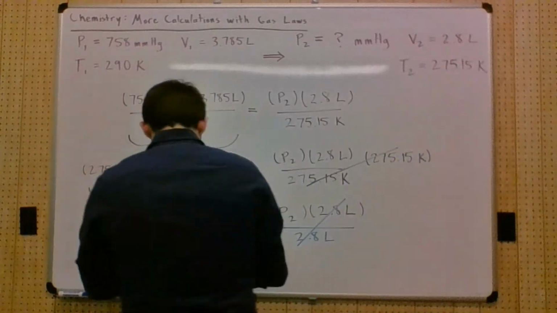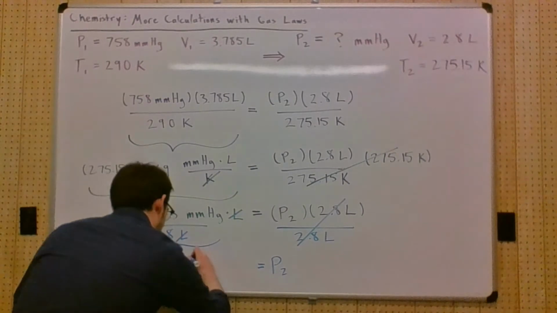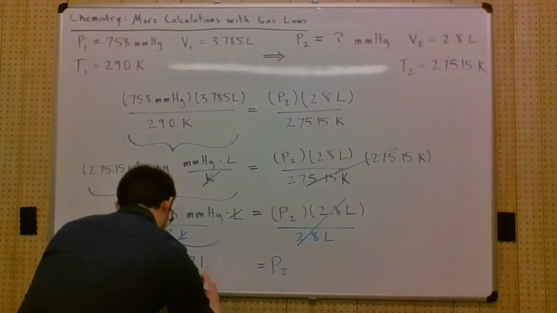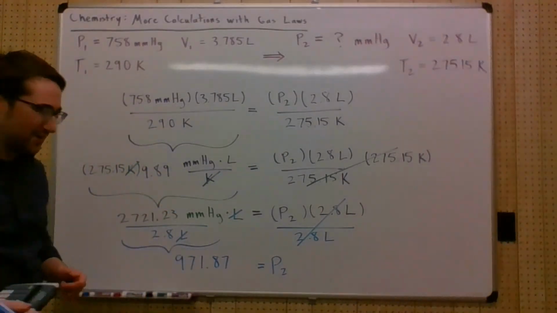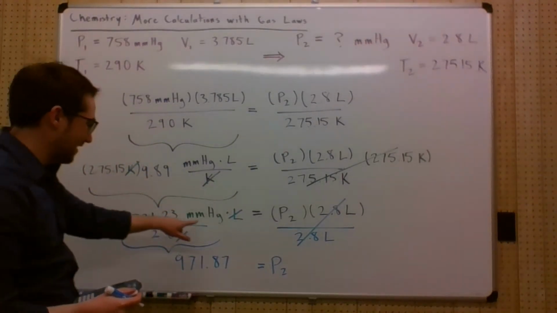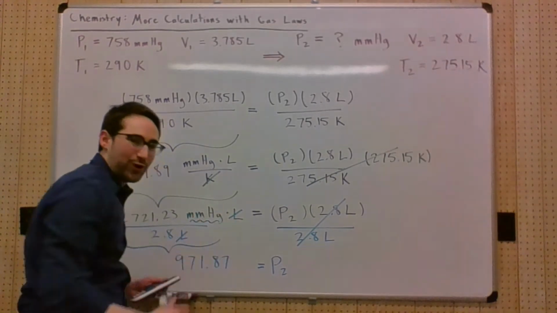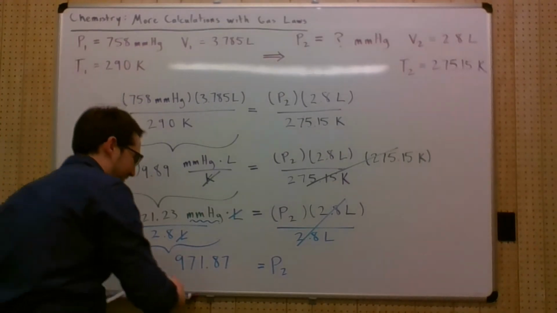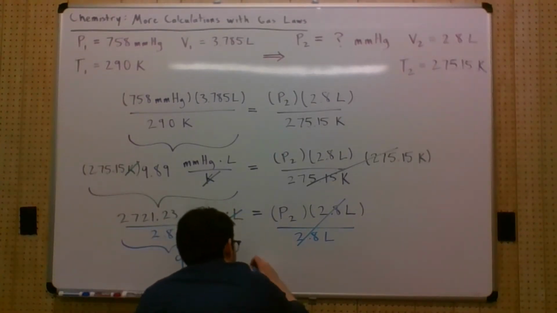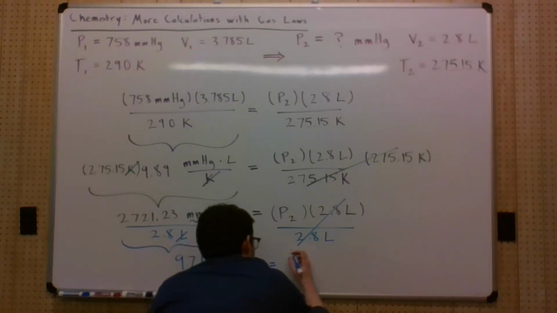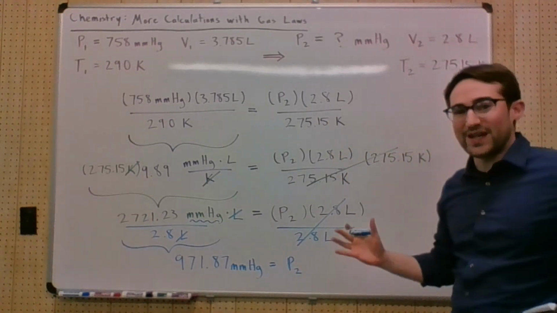Got about 971.87, and my unit left should be mmHg, which is what I want for a pressure unit in this case. All right, so that's my answer.